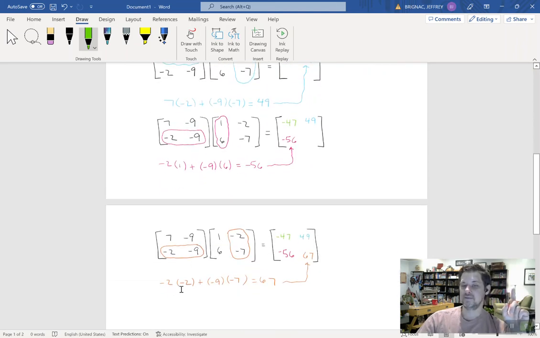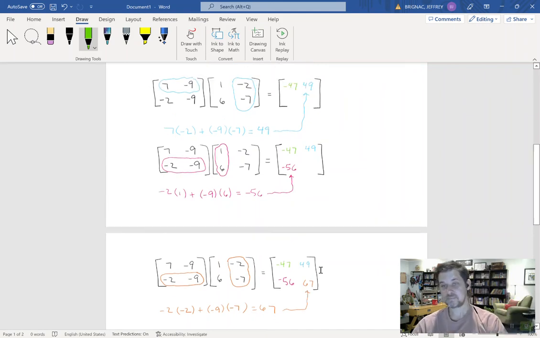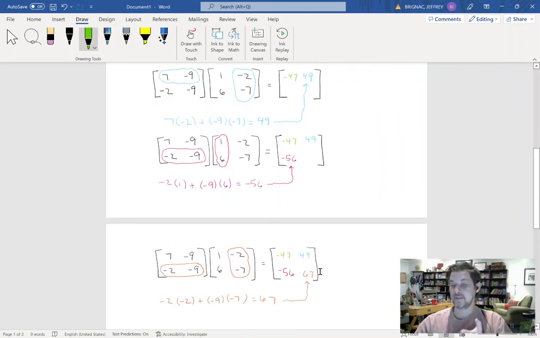I take -2 times -2 plus -9 times -7, that's 67, that's this one. Then I'm done. So I think if you have to learn how to multiply matrices by hand, like without a calculator, this is a pretty easy way to make the pattern stand out. I hope you think so too.